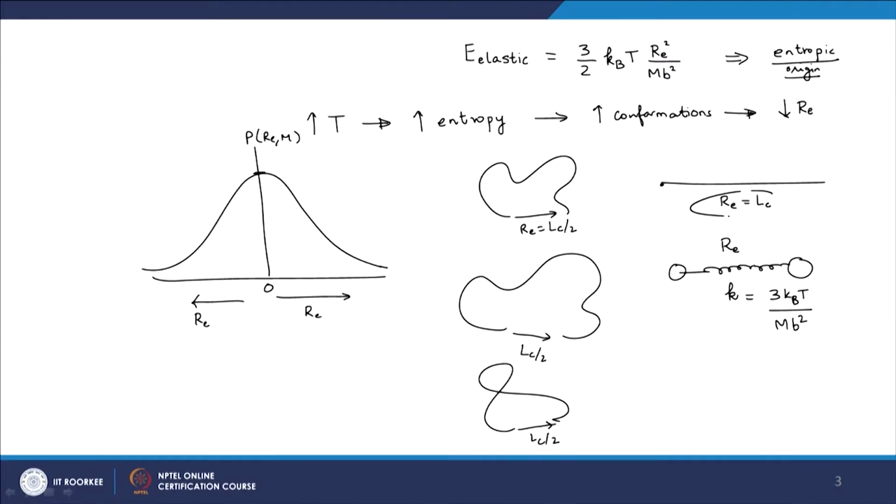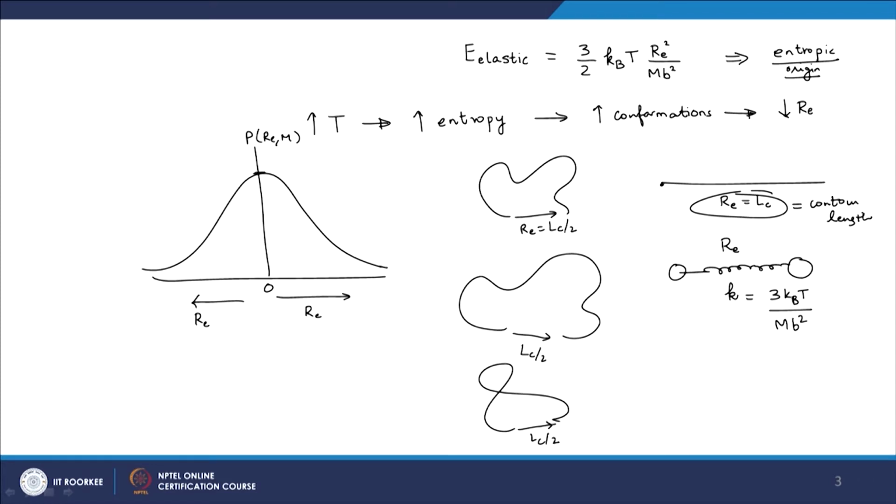One of the main problems is in this particular case we do not really limit the maximum stretching of the chain. The chain can really stretch indefinitely. Okay, and if you think about it, there has to be a maximum limit which is given by Re equal to Lc, when the end-to-end distance is equal to the contour length.